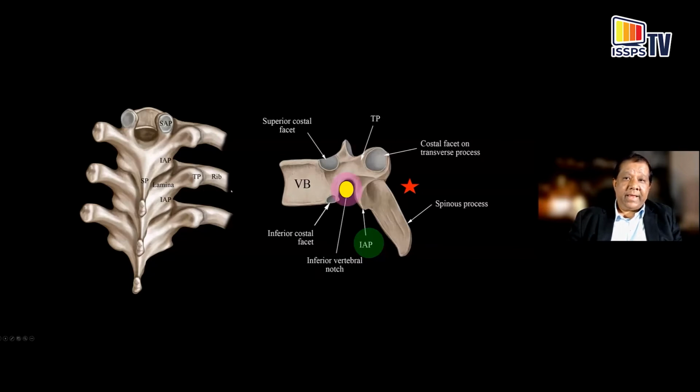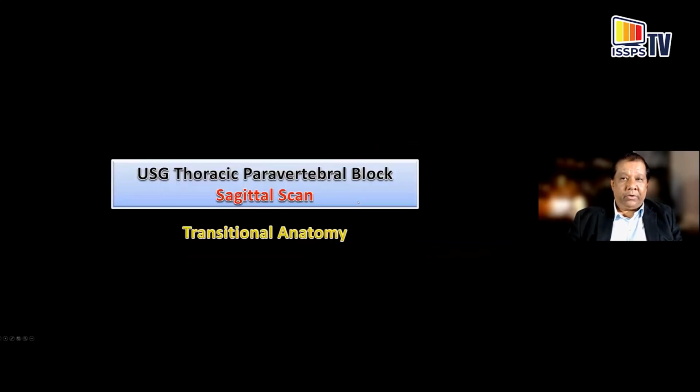It is through the intervertebral foramina that the ventral ramus of the spinal nerve emerges, and the inferior articular process is directly related to the intervertebral foramina. So what does it mean in terms of paravertebral blockade? If you can identify the articular process, then the intervertebral foramina is located just anterior to it. So this is what I would like you to take away.